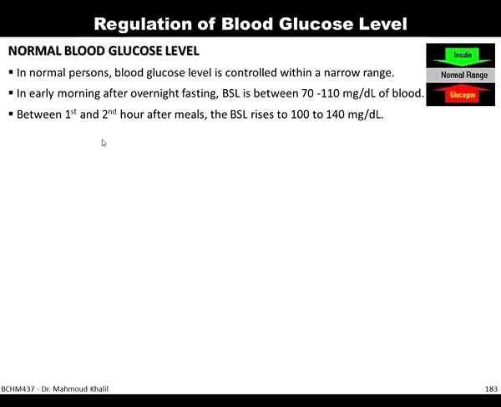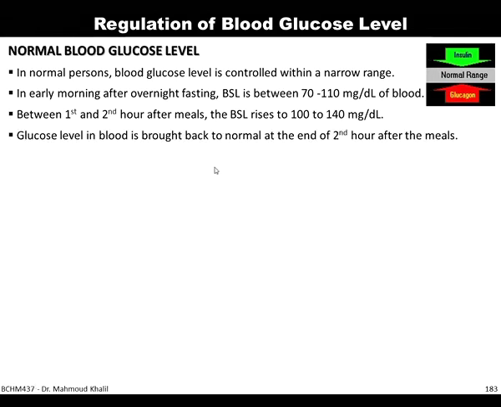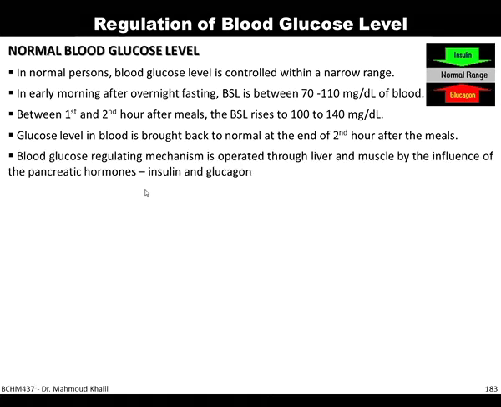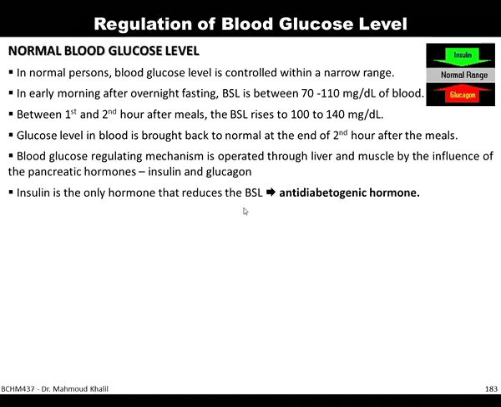Between the first and second hour after a meal, it rises to a maximum of 140, and this glucose level can be brought back to normal by the end of the second hour after the meal. We are talking here about normal regulation of blood glucose level. This regulating mechanism operates through the liver and the muscles, mainly under the influence of insulin and glucagon.